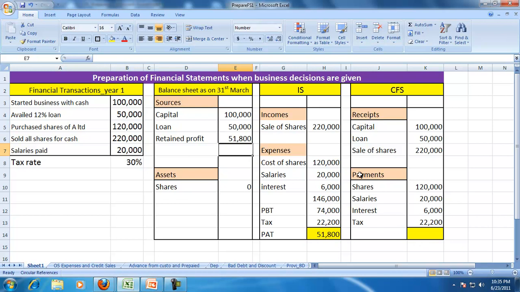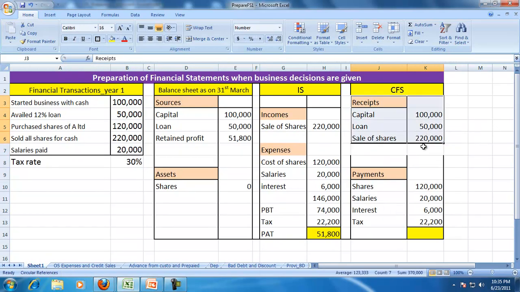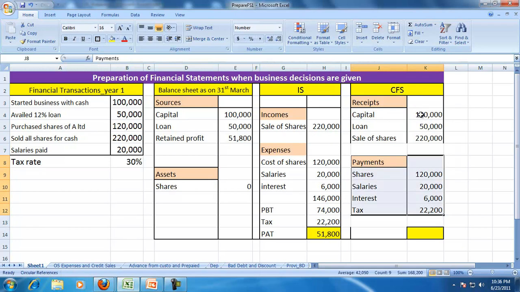So let us find the cash in hand. Okay, so let me pull this up slightly to make space for it. Okay, so the total cash inflow is 370,000. So 370,000 is total cash in hand minus the payment, okay, minus the payment is 168,200.